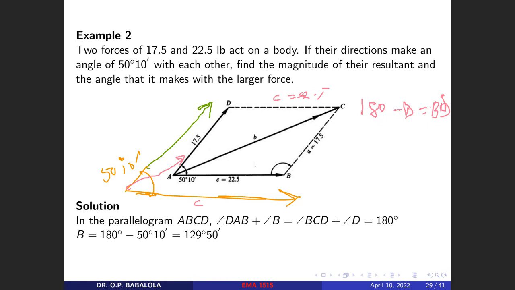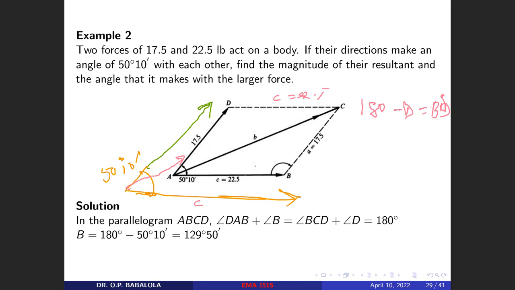Angle DAB, okay? Kernel says angle DAB, like I've described it, and from the question, it says their directions make an angle of 50 degrees 10 seconds with each other.